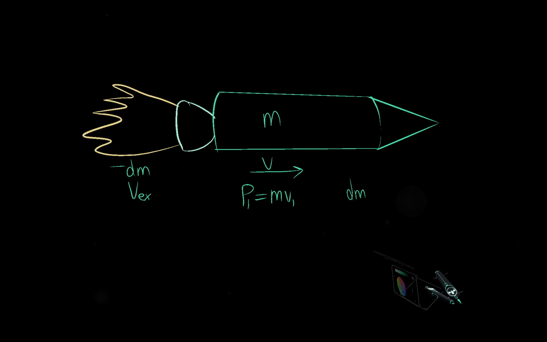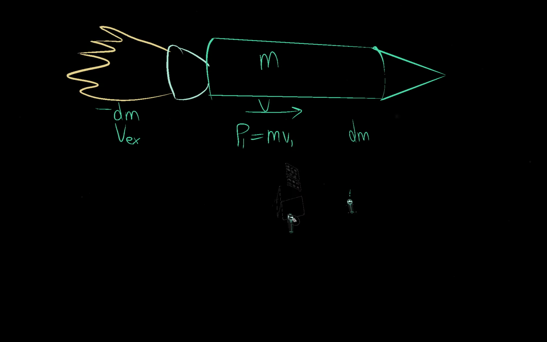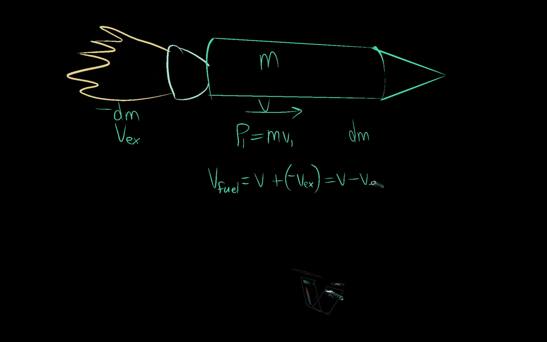The velocity of the burned fuel relative to our coordinate system, and not the rocket's, is then v fuel, equal to v, the velocity of the rocket, plus negative v exhaust, which is equal to v minus v exhaust.